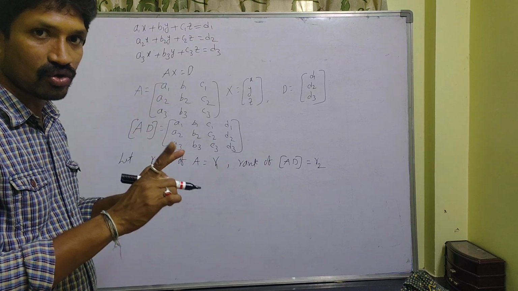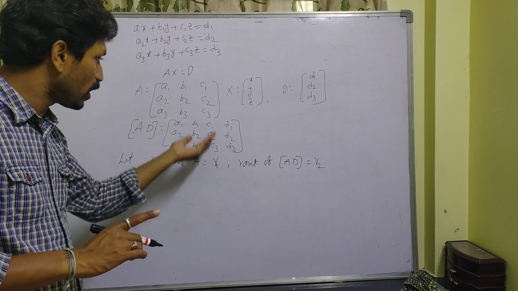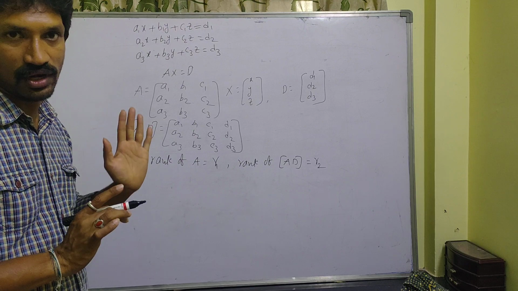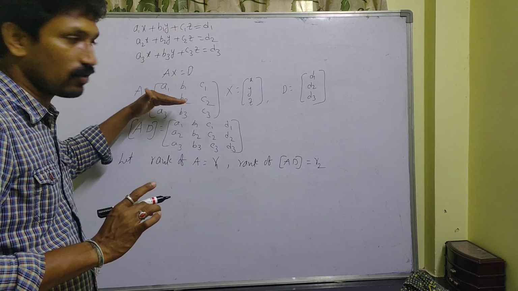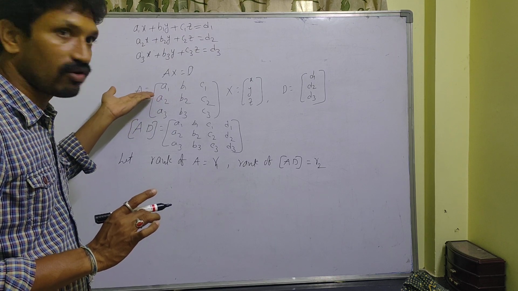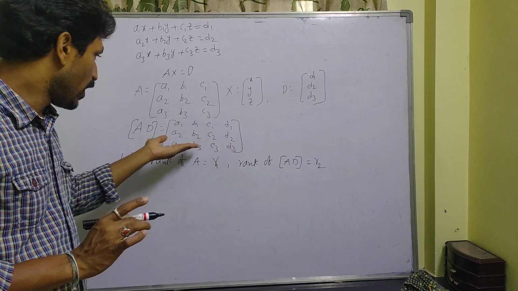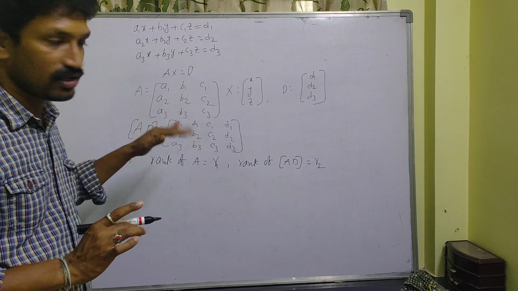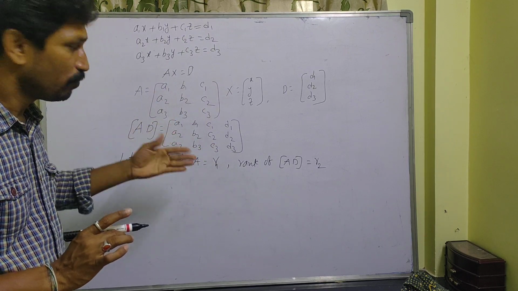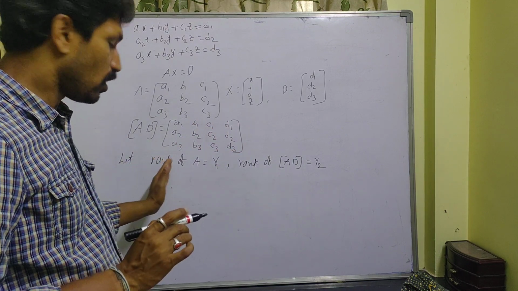If you consider the augmented matrix, in this augmented matrix only we can find the rank of A and the rank of AD in a single way. Otherwise, convert matrix A into echelon form and find the rank of A, next take AD, convert into echelon form and find the rank of AD. That is the lengthy method. But if we consider the AD matrix directly, we can find the rank of A and the rank of AD in a single way. Okay. So I will explain how to do it.